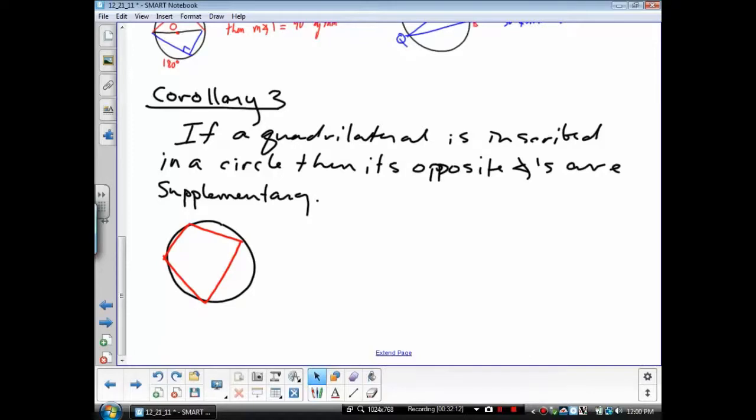And you'll notice, if we're talking about angles X and Y here, angle X is the inscribed angle that intercepts this arc right here.